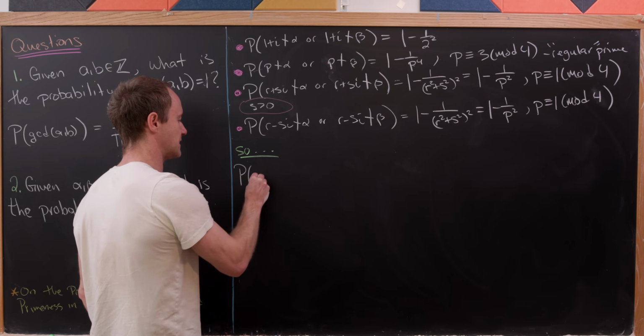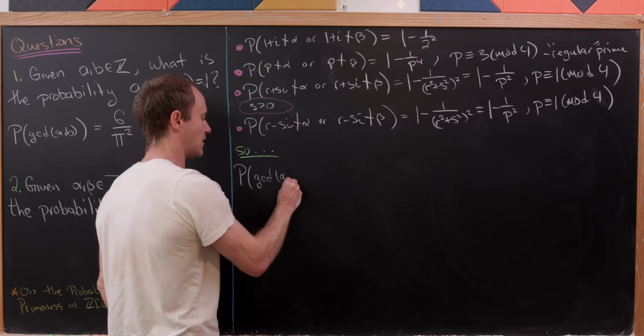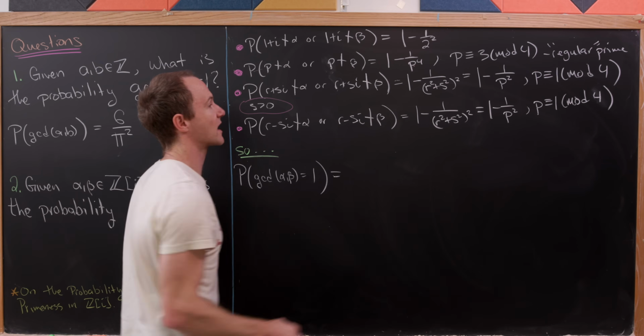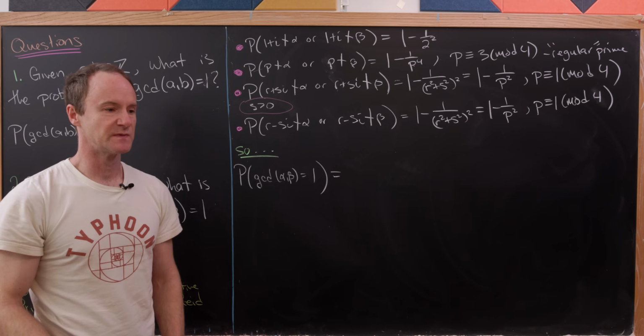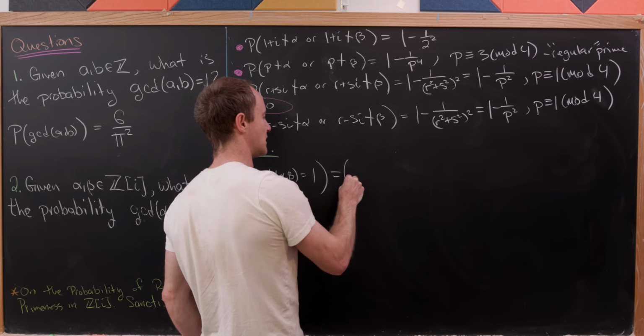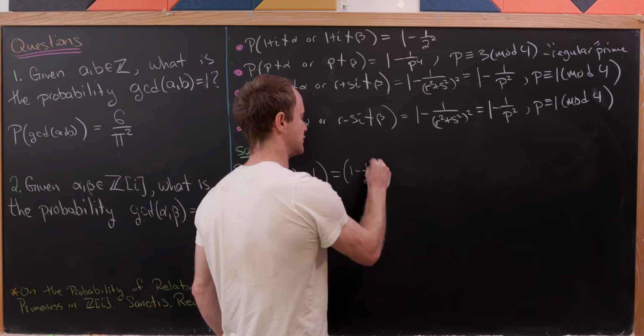So the probability that the GCD of alpha and beta is 1 is going to be equal to the product of these possibilities. That's because we need no prime to divide both of them. So we'll have 1 minus 1 over 2 squared.